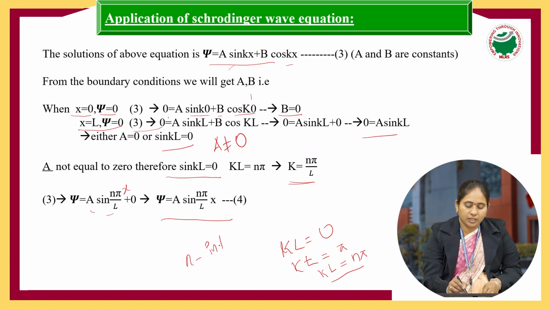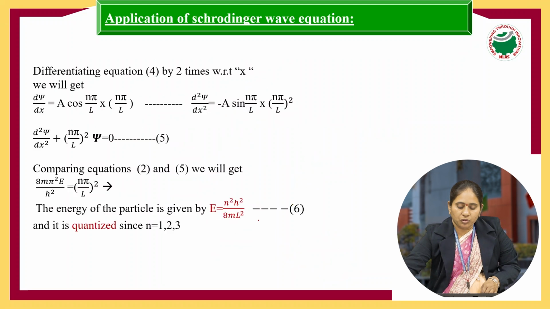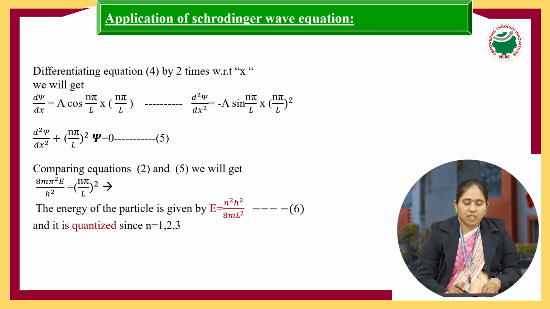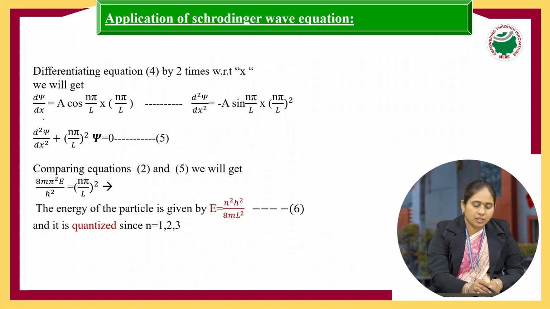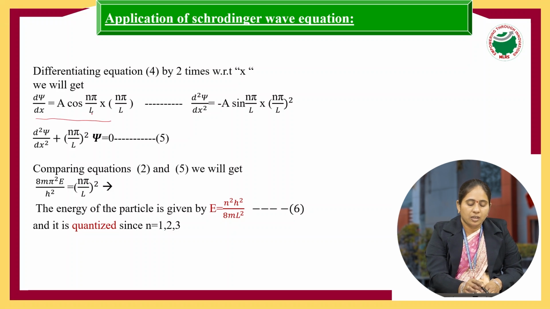Now differentiate this equation number 4 two times with respect to x. What we will get? d psi by dx is A cos (n pi by L) x, and then again differentiate the theta: in place of theta we have n pi by L into x, so x is 1, giving n pi by L. Again differentiate with respect to x one more time.